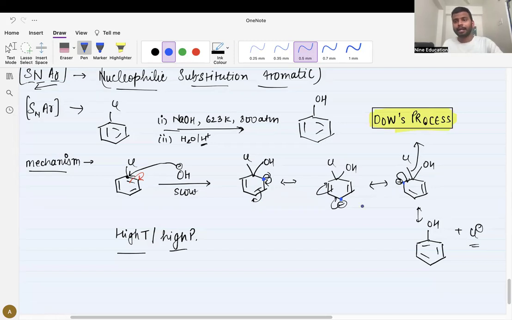If I add any minus M group at ortho or para position, they will attract the negative of the benzene ring, they will pull the negative. If someone is pulling the negative from ortho and para, OH minus can directly attack here. So it will ease the reaction and help it go forward.